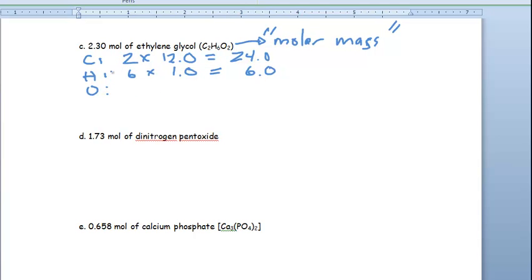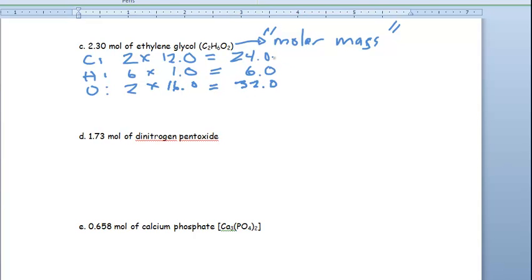And oxygen is 15.9994. We have 2 of them, so that's 2 times, we can round that to 16.0. That's perfectly sufficient.